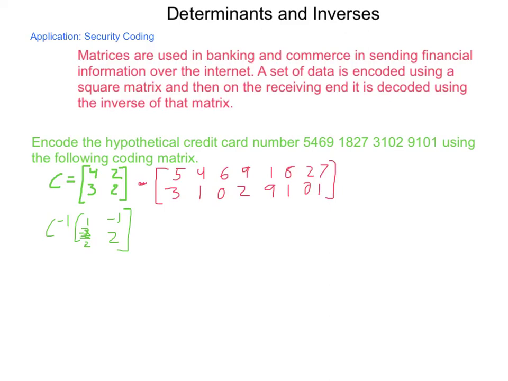And I'm going to go through and do these products and sums rather quickly to give us our coded matrix. So 5 times 4 is 20, 2 times 3 is 6, so I have 26. 16 and 2 makes 18. 24 and 0 makes 24. 36 and 4 makes 40. 4 and 18 makes 22. 32 and 2 makes 34.